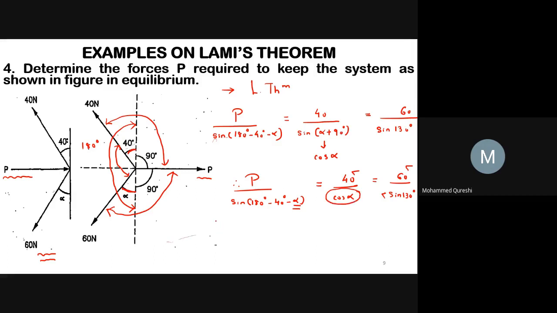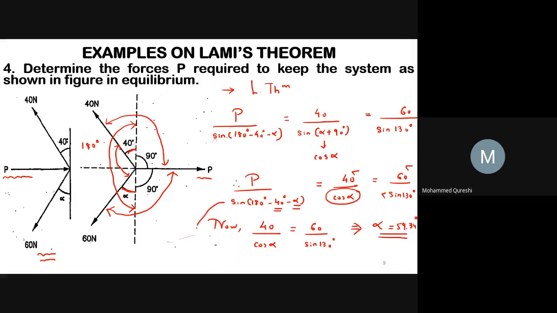So from these three values, we can easily calculate the value of alpha. So firstly, we will go for 40 upon cos alpha equals to 60 upon sine 130 degree. So you will get the value of alpha as 59.34 degree. Now we will put the value of alpha as 59.34 degree in this equation, sine 180 minus 40 minus alpha.